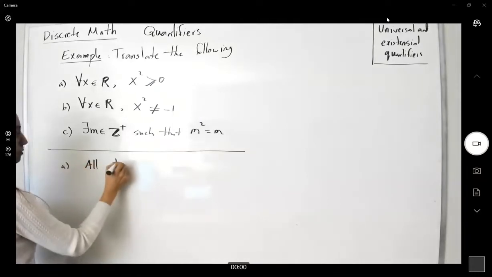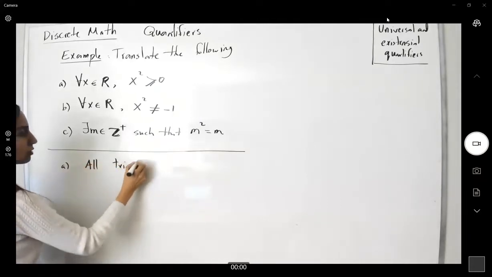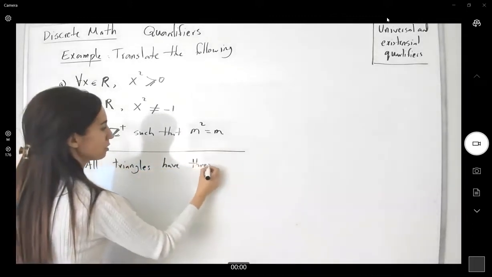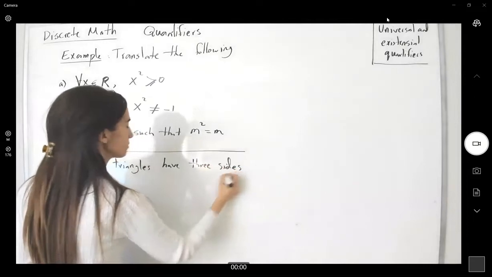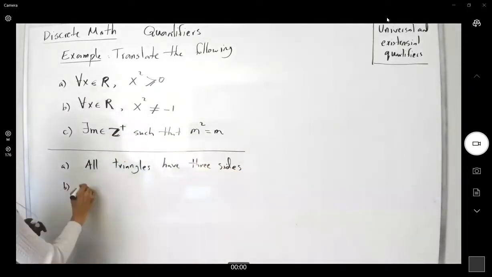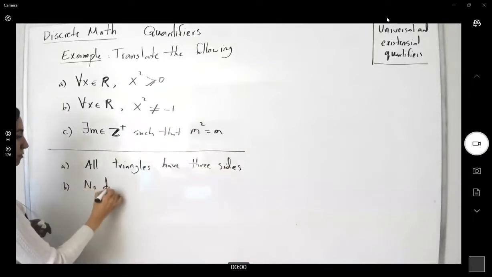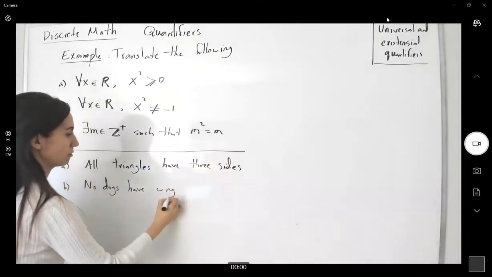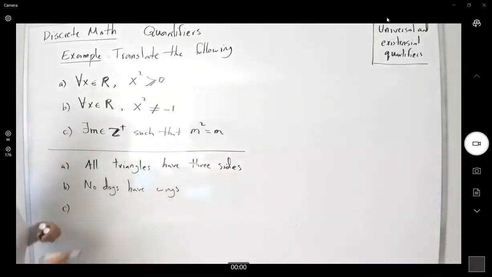A, all triangles have 3 sides. B, no dogs have wings. And C, some programs are structured.